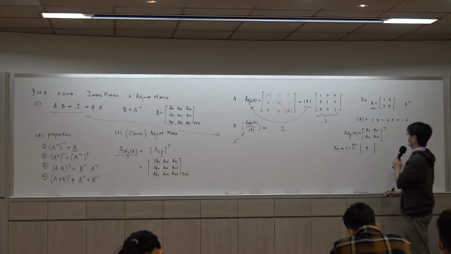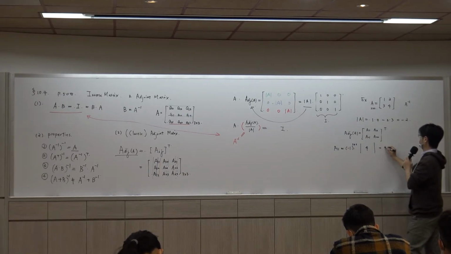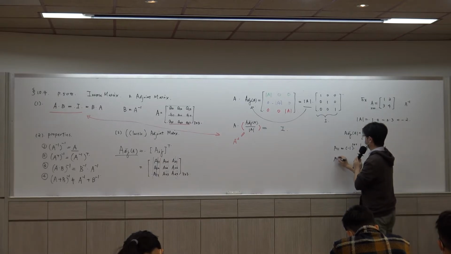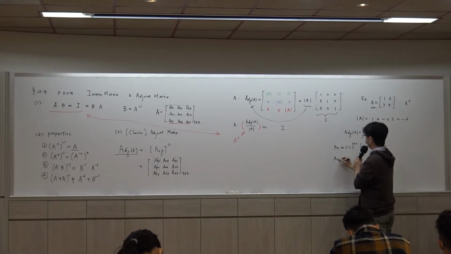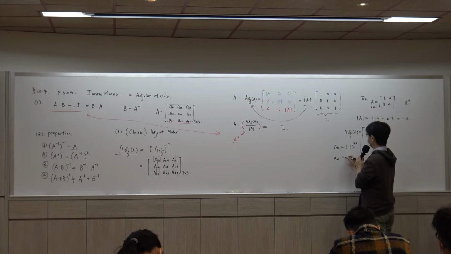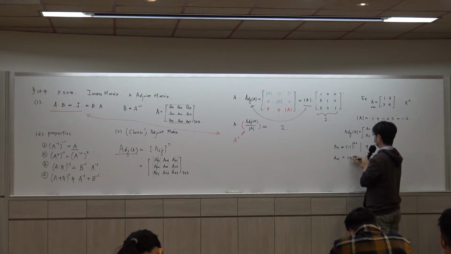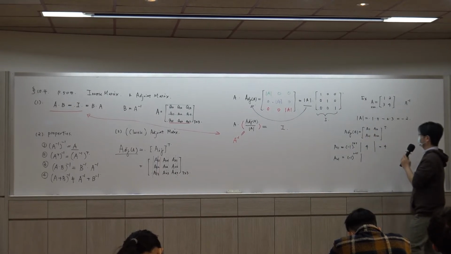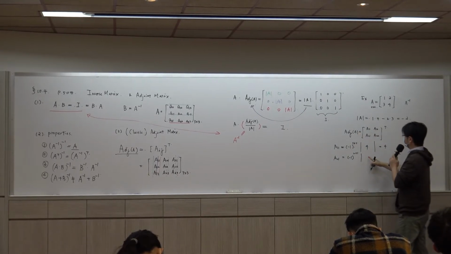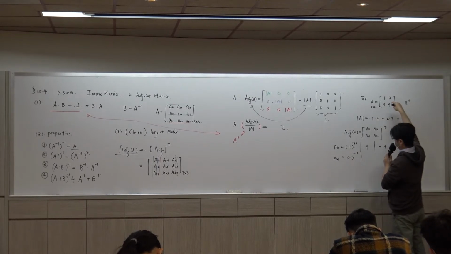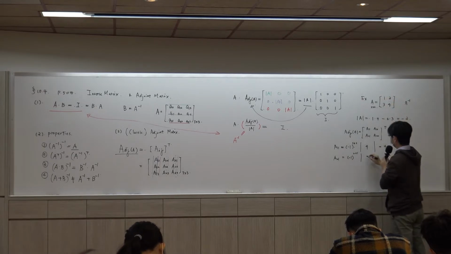So the cofactor of the second row and first column: we remove the second row and the first column.